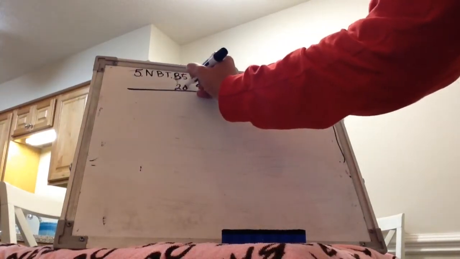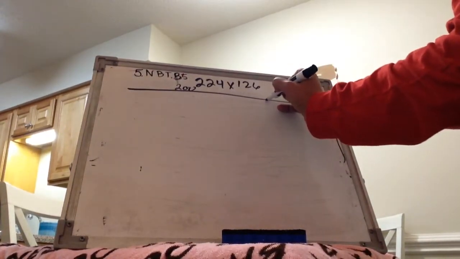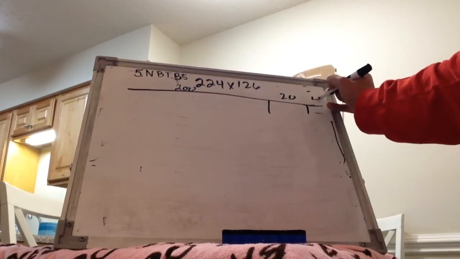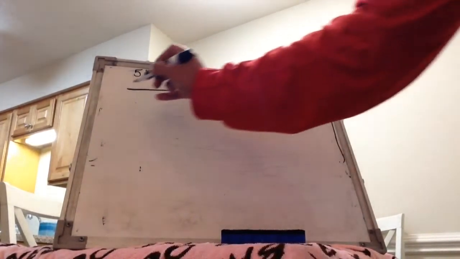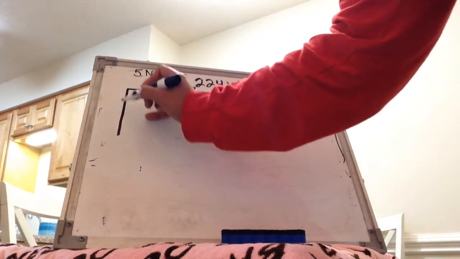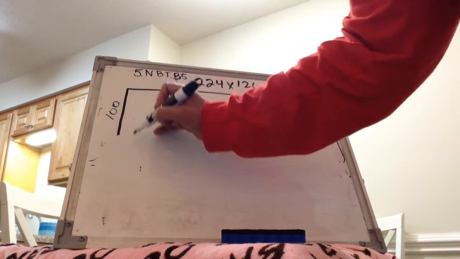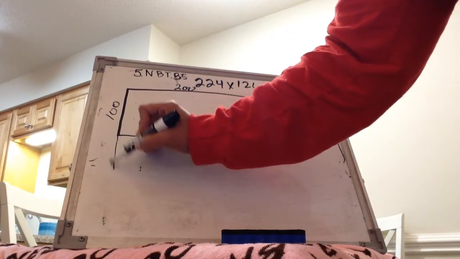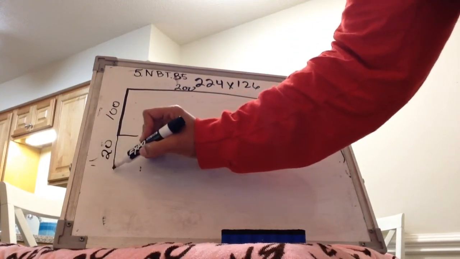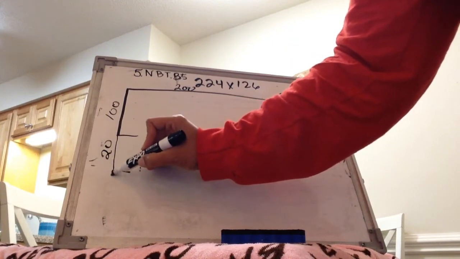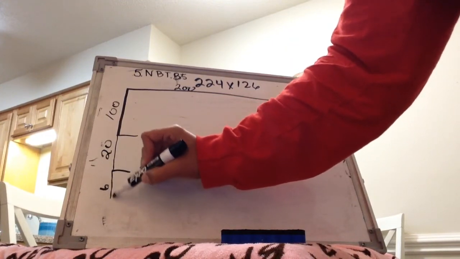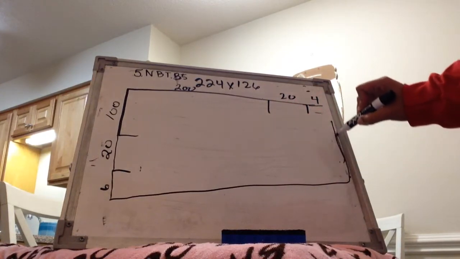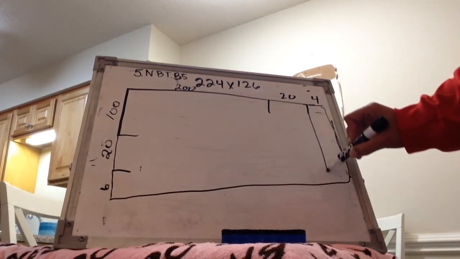So I need to have my 200, my 20, and my 4. Then I have my 100, my 20, and my 6.